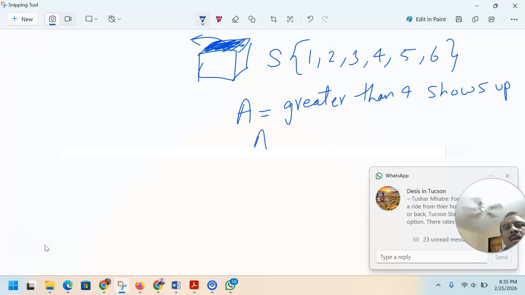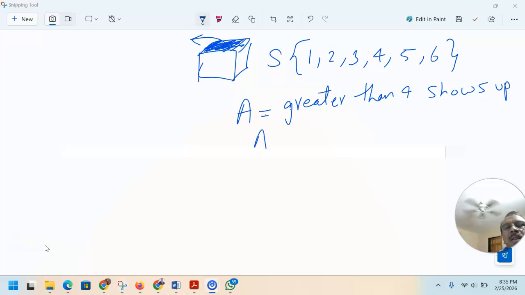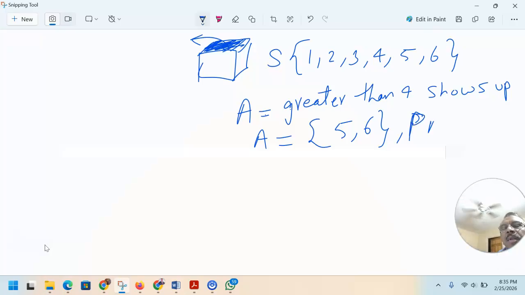Now what are the numbers that are greater than 4? It is 5 and 6. There you go. The moment you have this, you can even write the probability. What is the probability that when you roll a die you end up getting 5 or 6? It's a ratio.